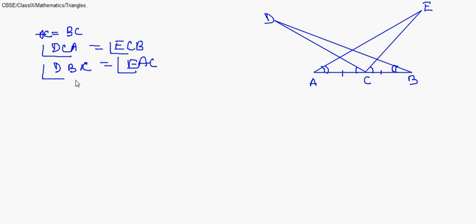We have to prove that triangle DBC is congruent to triangle EAC. There are subsequently a few more things to be proved, but that can always be derived once we prove the congruency by CPCT.